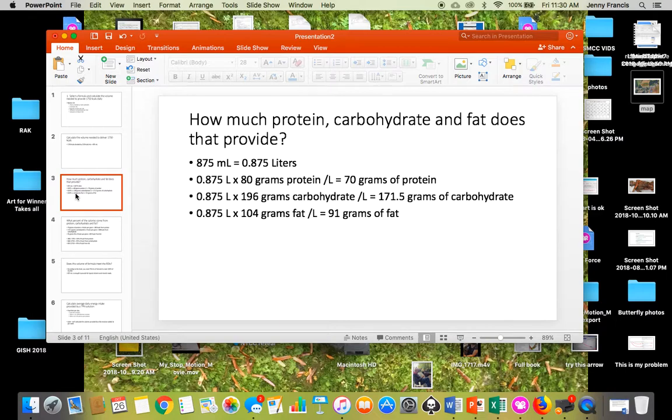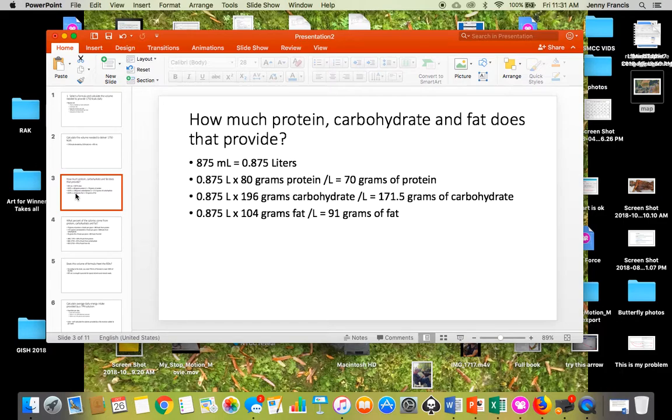Your calculations are going to be different, but you need to be able to move that decimal point over to convert milliliters to liters, because the measurements for the grams of protein, carbohydrate, and fat are given per liter. So since I am giving less than 1 liter of the formula, the patient is going to get less than 1 liter's worth of the protein, carbohydrate, and fat.